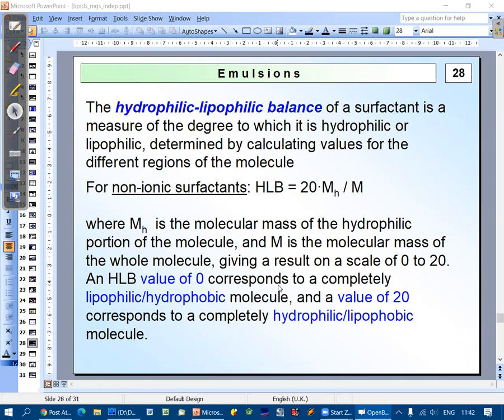A value close to 20, such as for the sodium salt of oleic acid, soaps, means such molecules will be hydrophilic and will stabilize the direct emulsion.